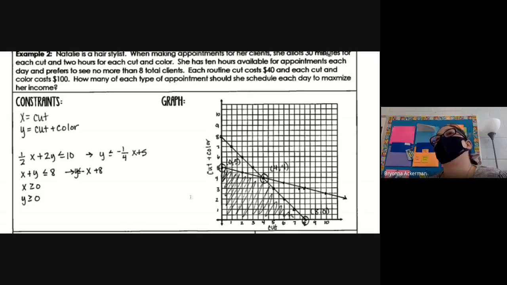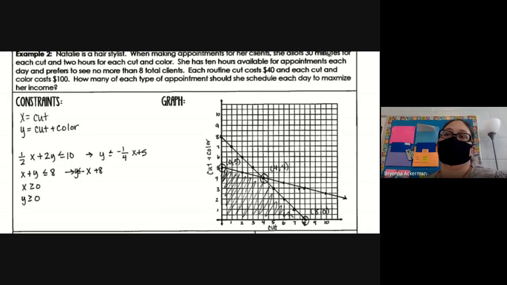What if I had no cut and color, but all cuts? How many could I have? Well, she can only have 8 customers, so 8 would actually be the maximum. But time-wise, how much time would she be doing? If she had 8 customers that were only cutting their hair, how many hours would she be working?